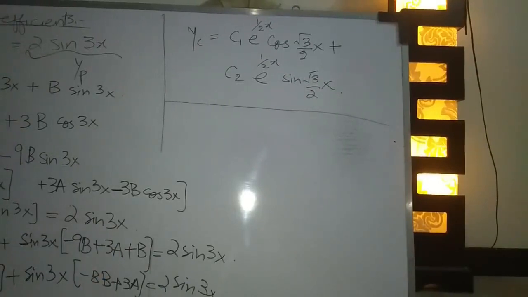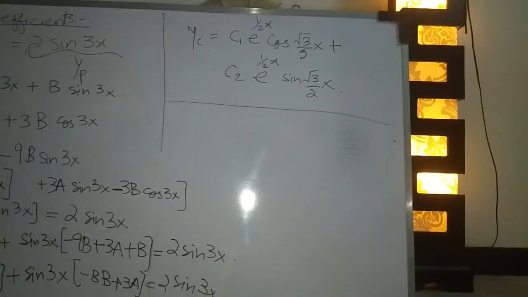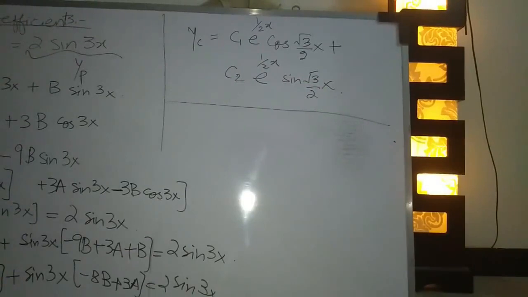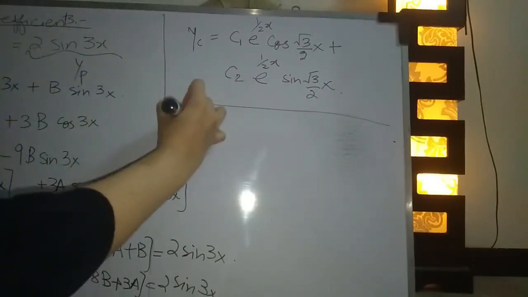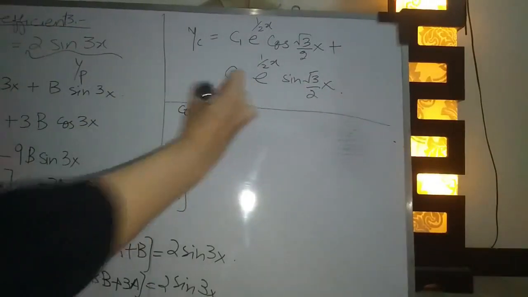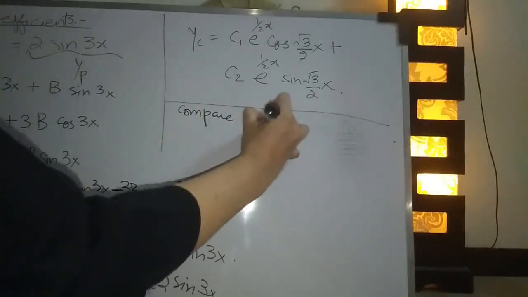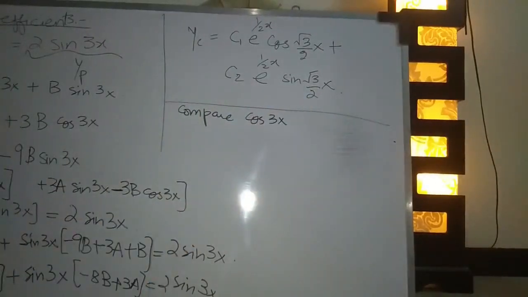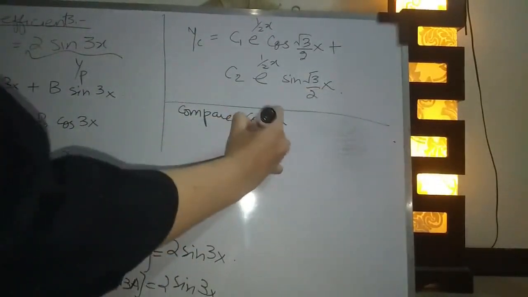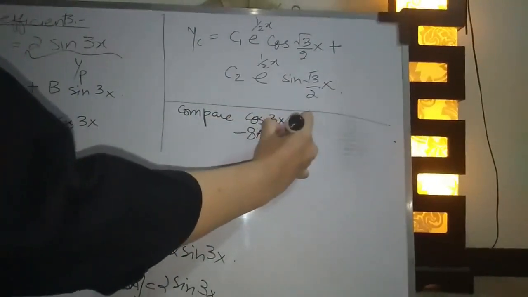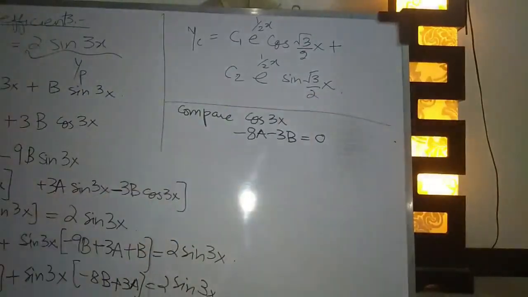So what we will do is compare the coefficients of cos 3x and sin 3x, because we have these two functions here. So first of all, comparing the coefficients of cos 3x, it becomes minus 8a minus 3b equals 0.